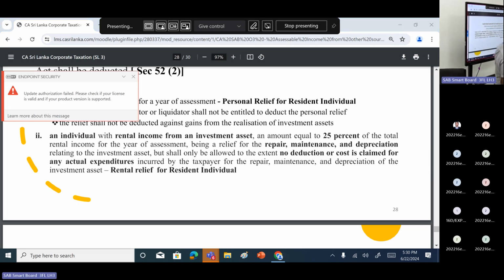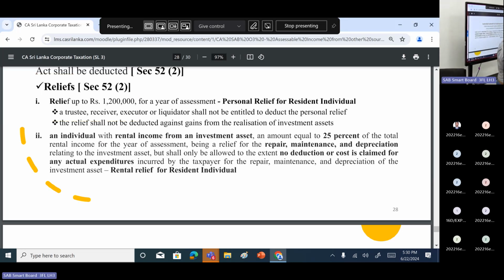So I told them, yeah, this is coming under section 52. It clearly mentions repair, maintenance, and depreciation. I didn't claim repair, I didn't claim maintenance, I didn't claim depreciation. Therefore, I claimed only that 25%. And the second thing, from my side I made the counter argument. As per section 12, we can deduct interest cost to the extent that the particular borrowing is used to purchase or construct an asset.